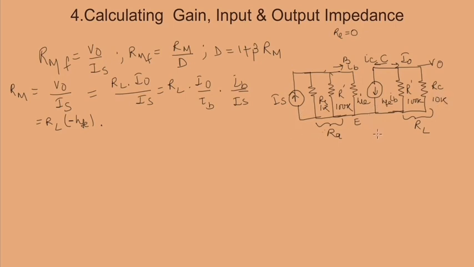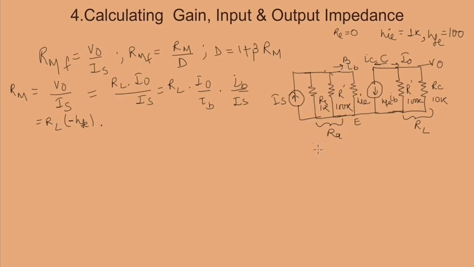HIE given in this particular example is 1K, and HFE normally we take as 50. In this numerical problem it is 100. So HFE is 100 and HIE is 1K. Now IB by IS, IS is the current here and IB is the current flowing here.